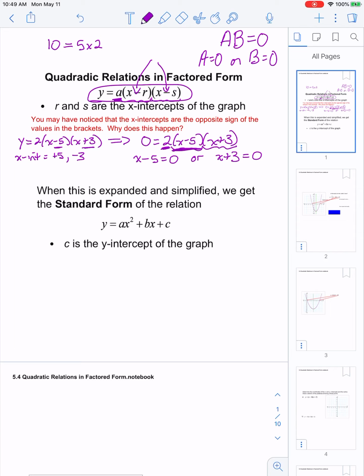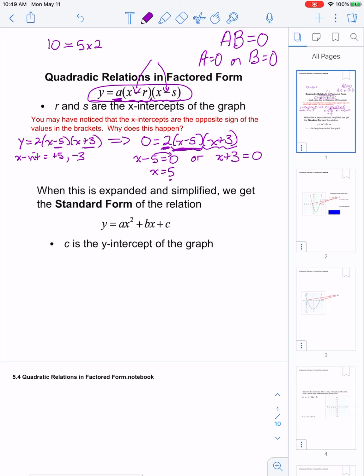When you solve x minus 5 equals 0, you move the 5 over to the other side. It becomes a positive, and there you go. That's why that's a +5 and not a -5 as the x-intercept.